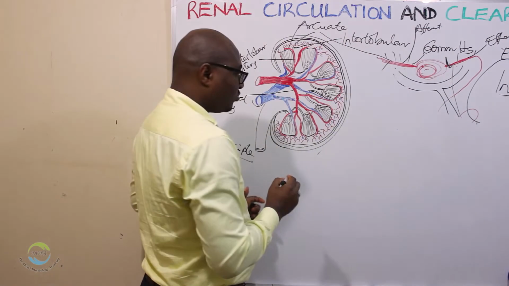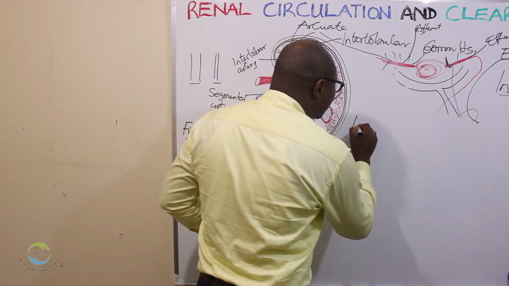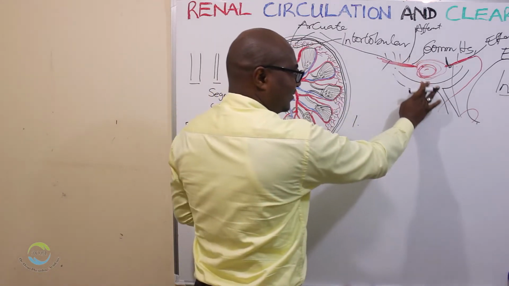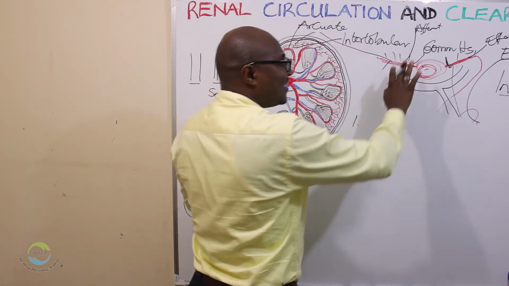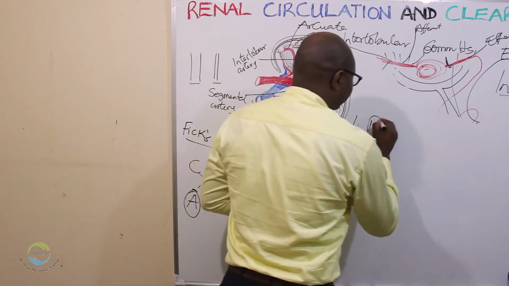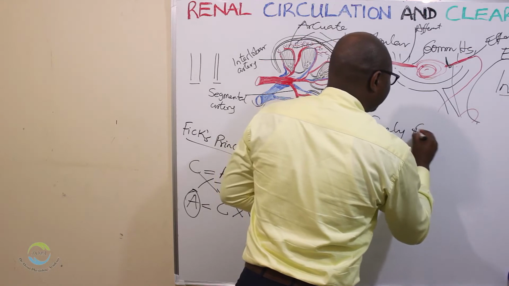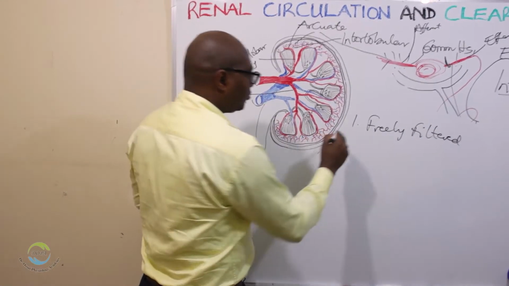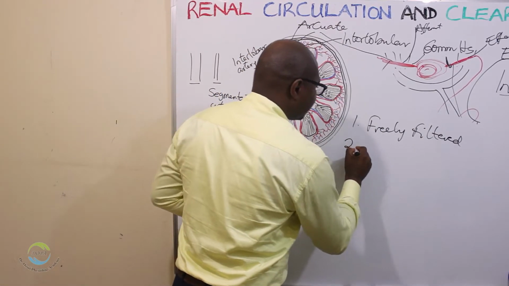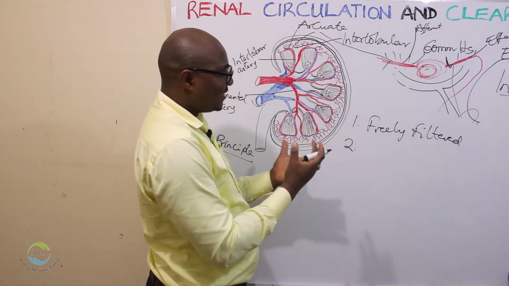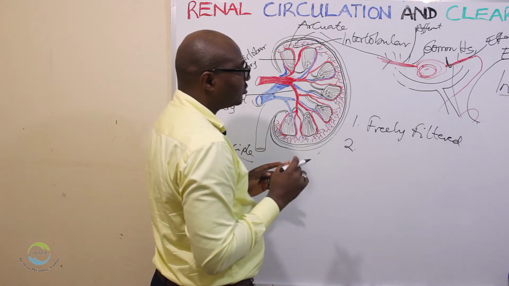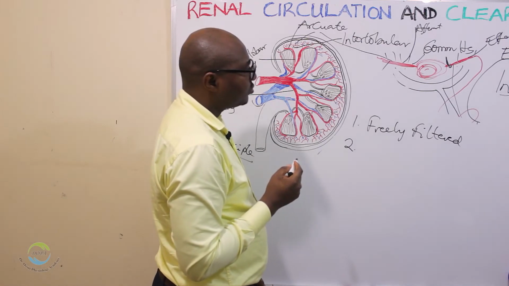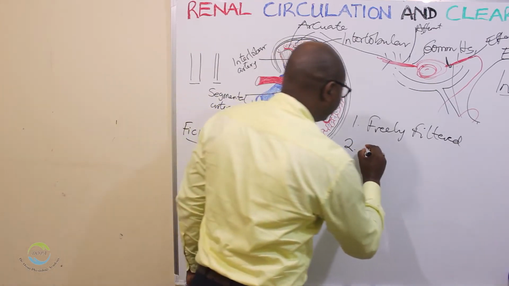Okay, so criterion number one is that the substance has to be freely filtered. The substance we are going to be introducing has to be freely filtered. Number two is that this substance that we need to measure the renal blood flow should not be reabsorbed.